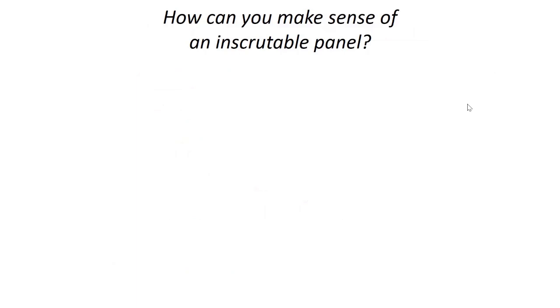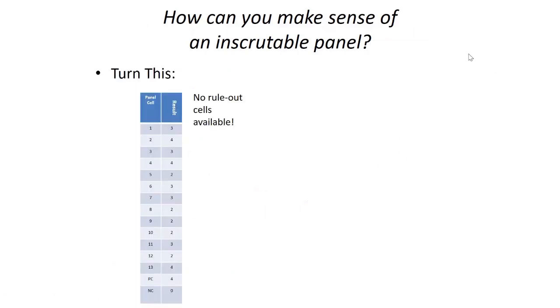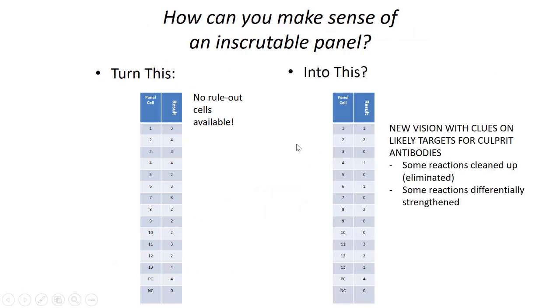Now, how do you make sense of an inscrutable panel? What if you have all cells reacting? You have no rule outs. And so you're out of luck here unless you turn this into this. You can have new vision with clues on likely targets for culprit antibodies.